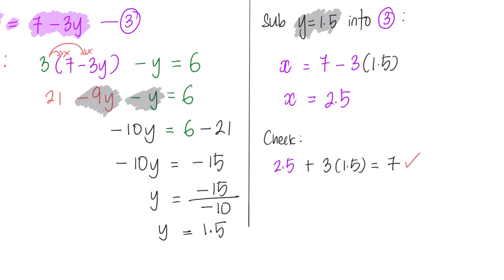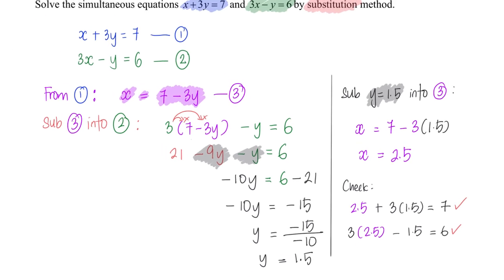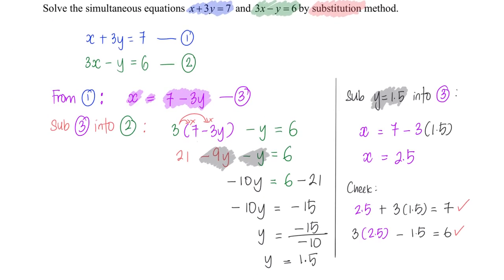It satisfies equation 1. Equation 2, 3x minus y, minus 1.5. Does this give me back 6? Yes, it does. It satisfies equation 2. This means that our answers are correct.